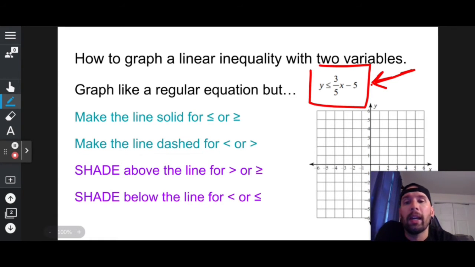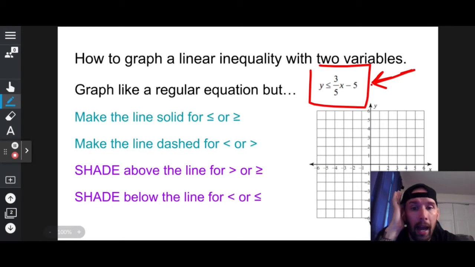So if I give you a less than or equal to or a greater than or equal to, when I graph this line, I'm just going to graph it like a normal equation and make the line solid. Nothing's changed. Why am I making the line solid? Because if it's or equal to, I'm including the line.